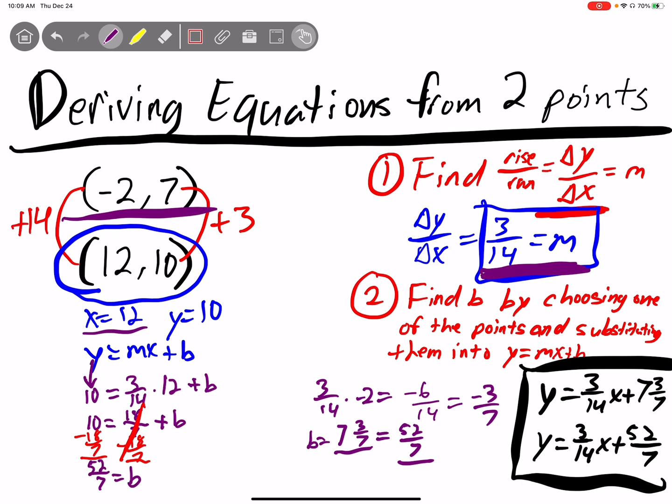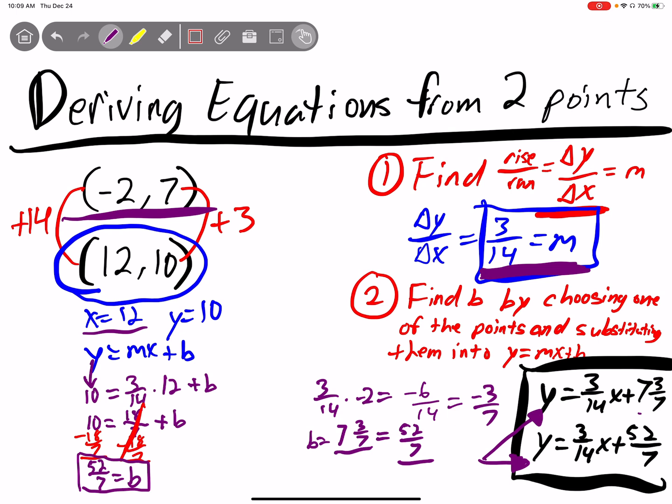I still have 3/14, and I still ended up with b equals 52/7. So this still applies. Okay, this is still correct. And since both of these are equivalent to each other, both of these are correct. As long as you got something for b that's equivalent to 7 and 3/7 or 52/7, that's all you need.